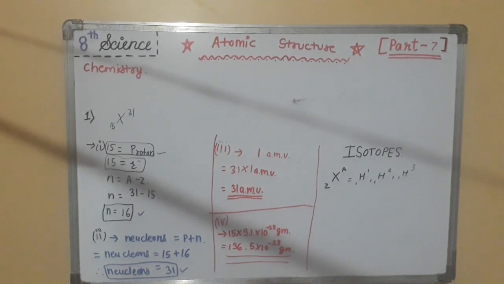The isotopes of an element have different atomic weights, resulting in a difference in their physical properties like density, melting point, boiling point, etc. The chemical properties of an element depend on the number of electrons in the valence shell. The valence electrons are the same in isotopes, hence they have the same chemical properties.